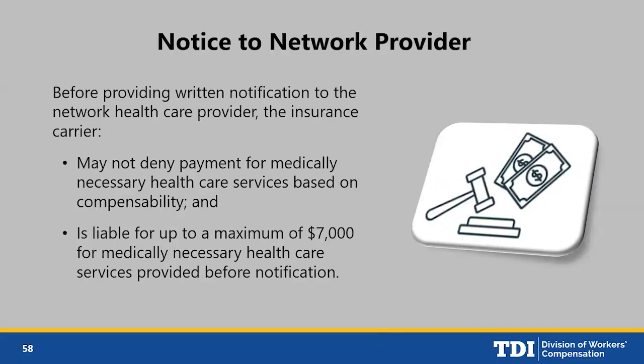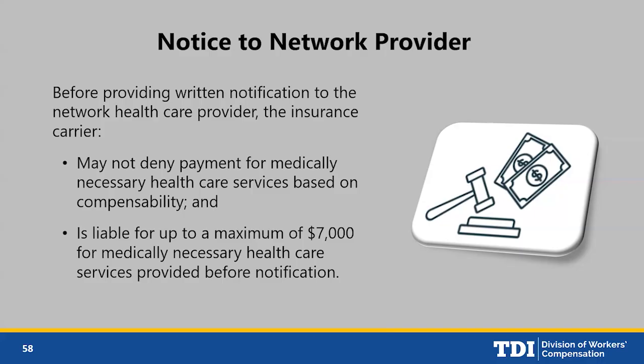Now, on the network side, there's a special provision that says before the carrier provides written notification to the network healthcare provider that they're denying it, they can't deny any medically necessary healthcare services based on compensability until they file that, and they're liable up to $7,000 of reimbursement for those medically necessary healthcare services.